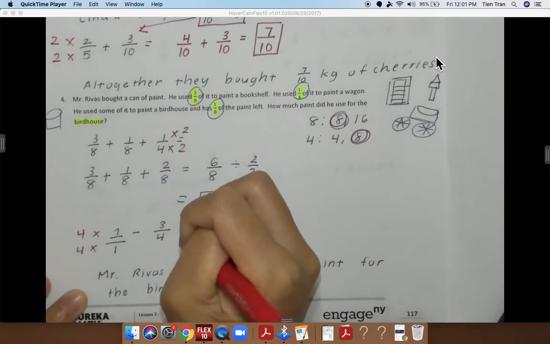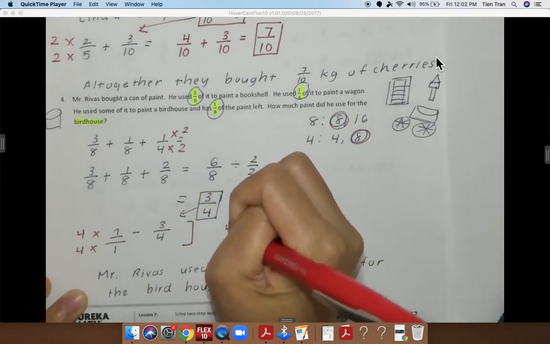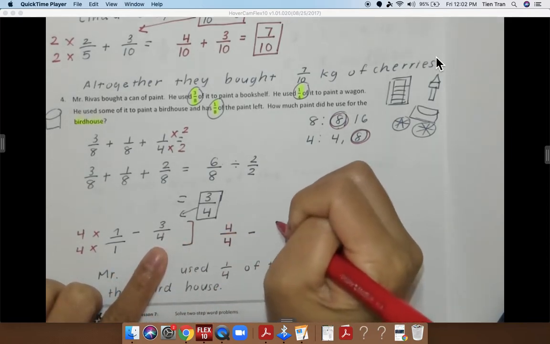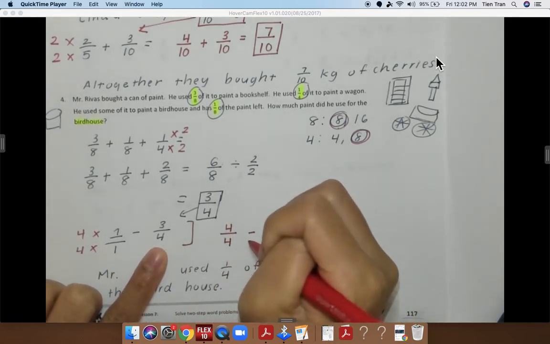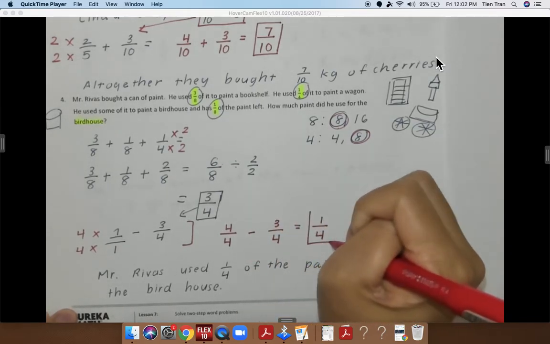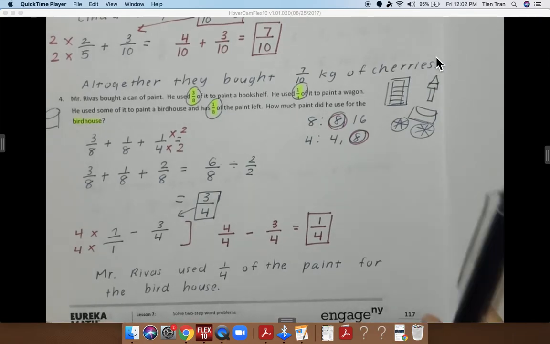So now I have 4 times 1 is 4, and 4 times 1 is 4. Bring this number over, I have 3/4. 4 minus 3 is equal to 1, and 4 stays the same as my denominator. So that means that Mr. Rivas used 1/4 of the paint for the birdhouse.